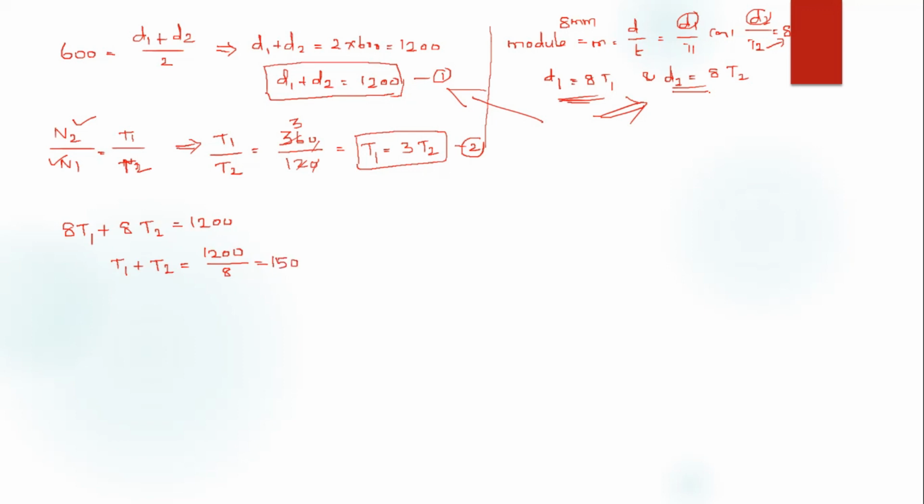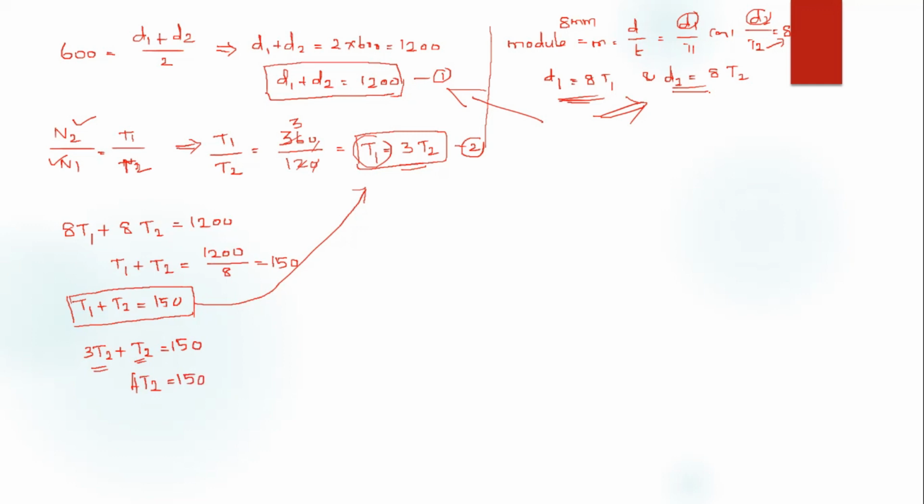So t1 plus t2 equals 150, clear? We know that t1 equals 3 t2, so substitute t1 in terms of t2. 3 t2 plus t2 equals 150, so 4 t2 equals 150.